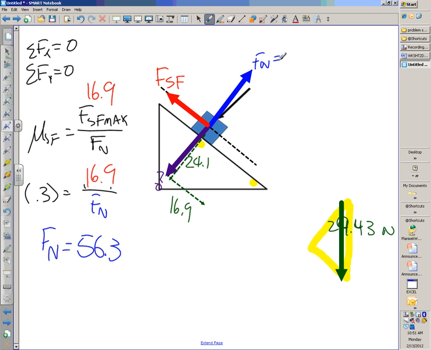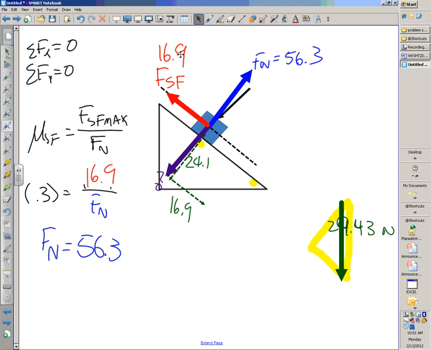So we know that in order to create the required static friction force, which from our parallel component of gravity we knew had to be 16.9, the normal force has to be 56.3.